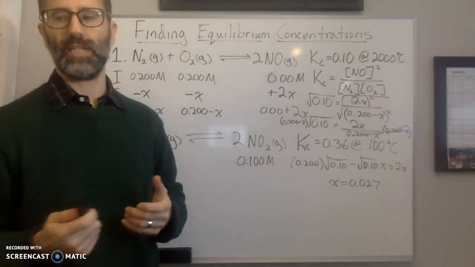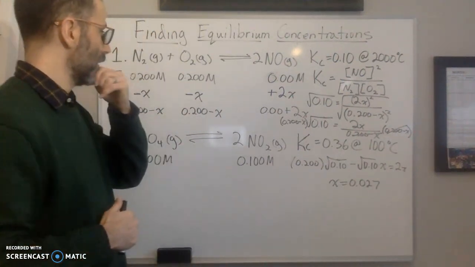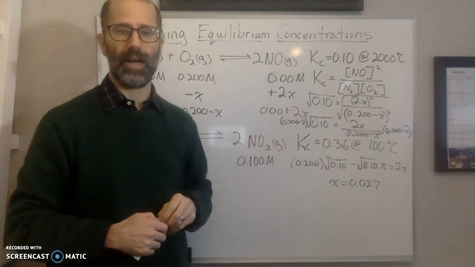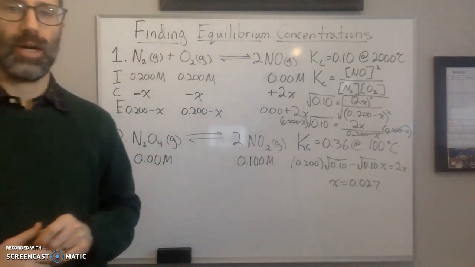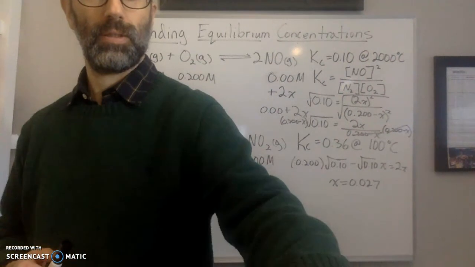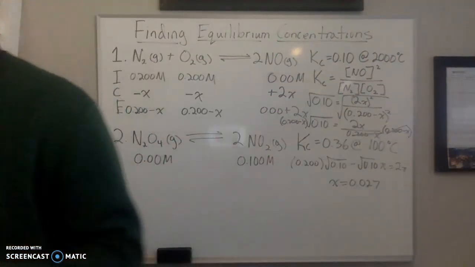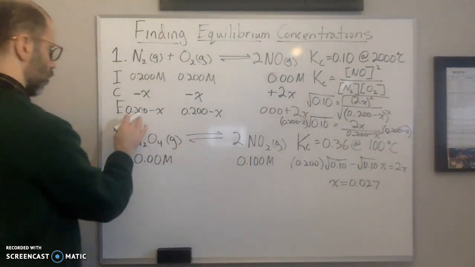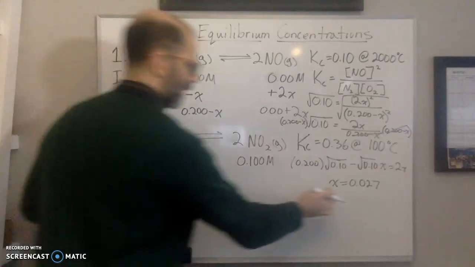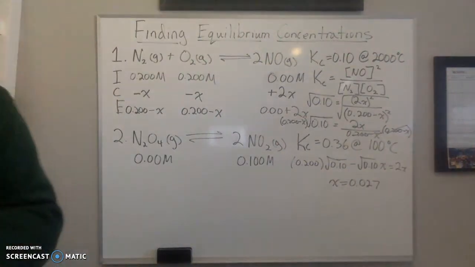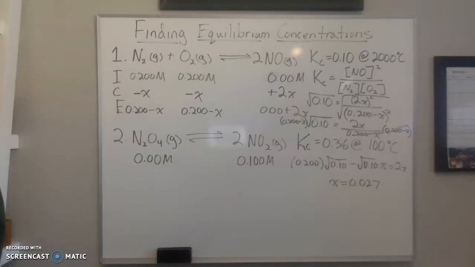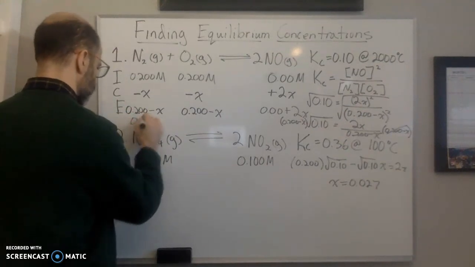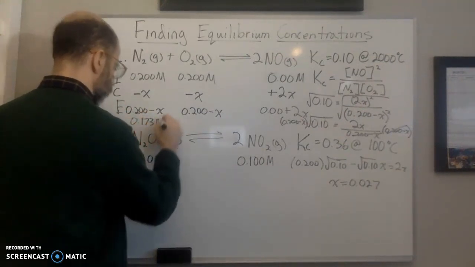So now that I have the x value, I can go in and plug in this value for the x's here to find the equilibrium concentrations. And so right away, the 0.200 minus x, minus 0.027, becomes 0.173. So this is going to be 0.173 molar.